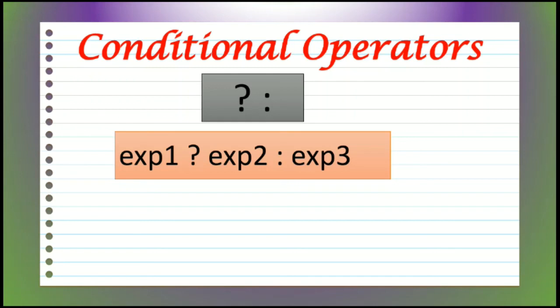Here expression 1, expression 2, expression 3 are expressions.